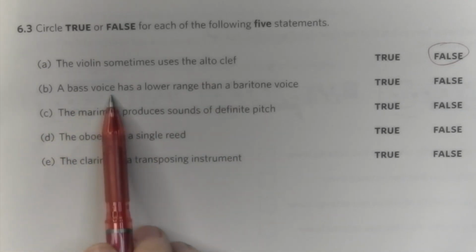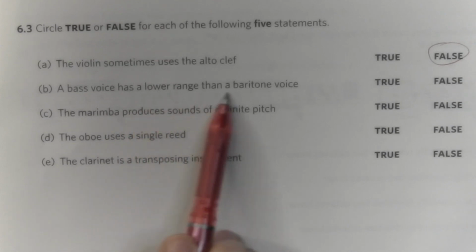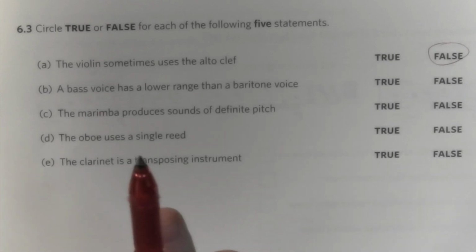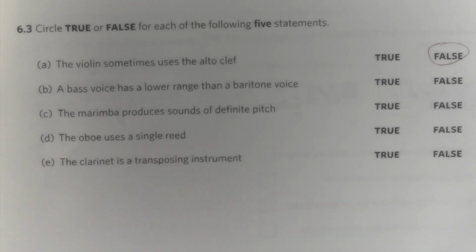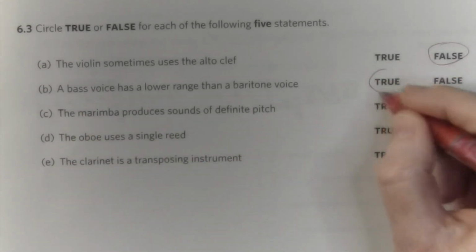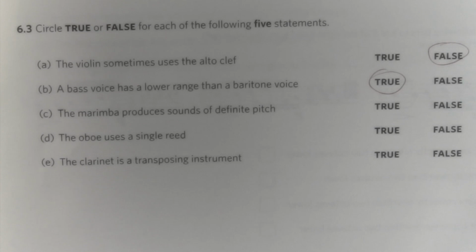A bass voice has a lower range than a baritone voice, and this is correct because in order, like the clefs, we have soprano, mezzo soprano, alto, and these are the female voices, and then tenor, baritone, and bass, in order from the highest to the lowest. So the bass is the lowest of the male voices.